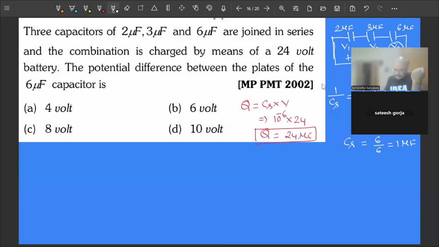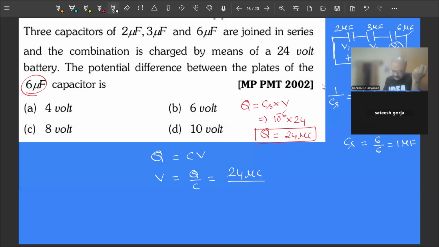Now they ask V3. We have the formula Q equals CV, so V equals Q by C. While connected in series, every capacitor holds the same charge, that is 24 microcoulomb. The capacitance given is 6 microfarad, so we take that in the denominator.